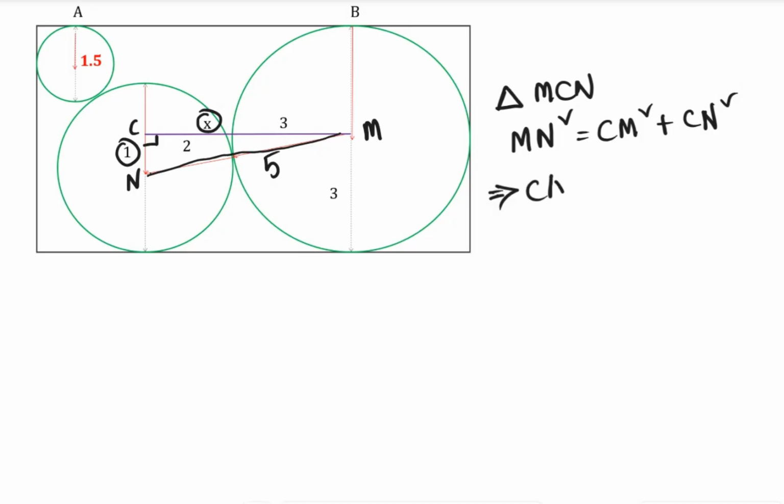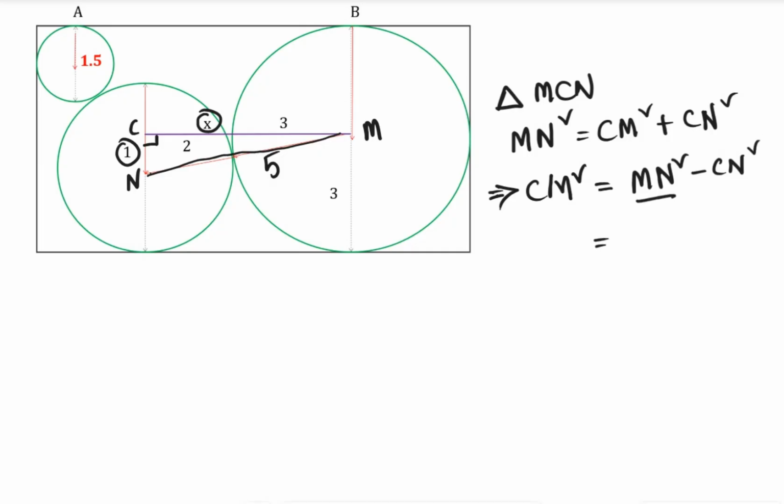So CM square equals MN square minus CN square.